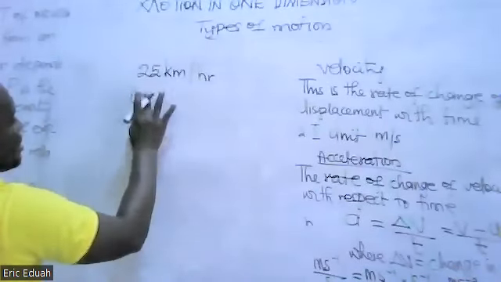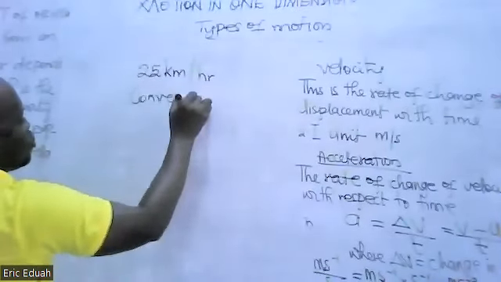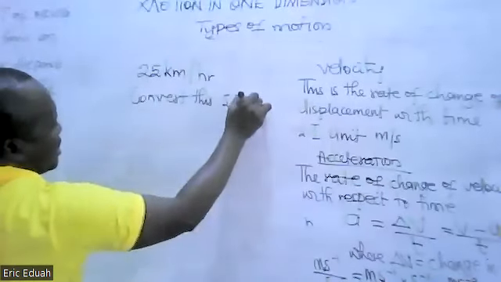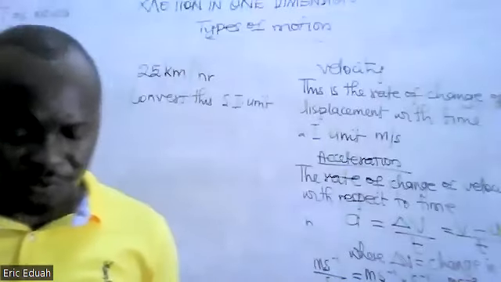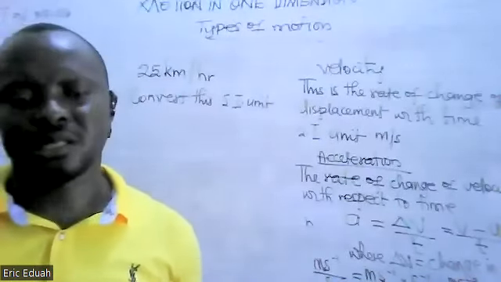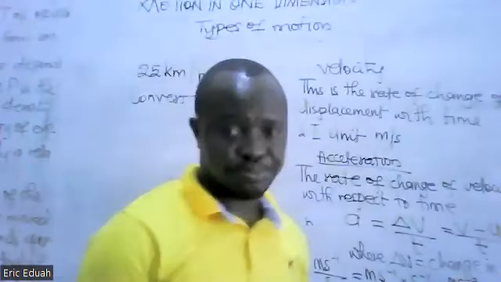Convert this to SI units. We are to convert a velocity of 25 kilometer per hour to SI units. Start work. Let's see what you can do.